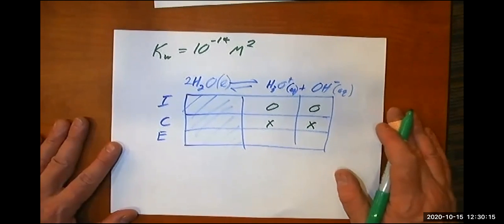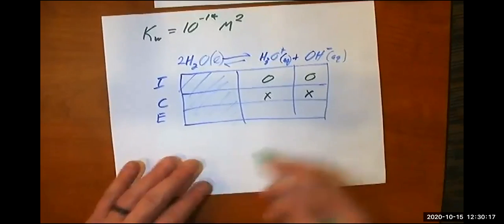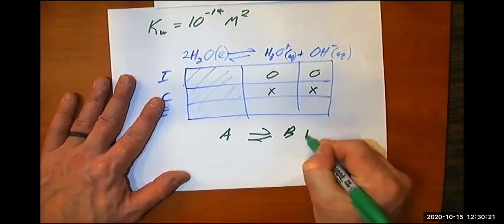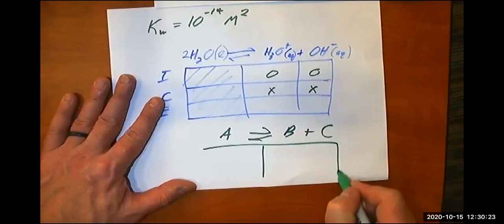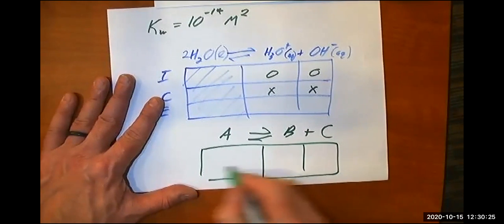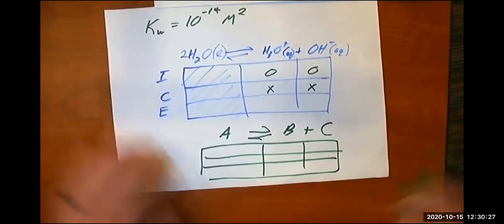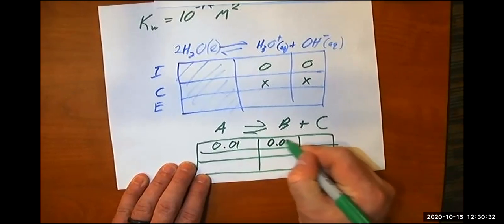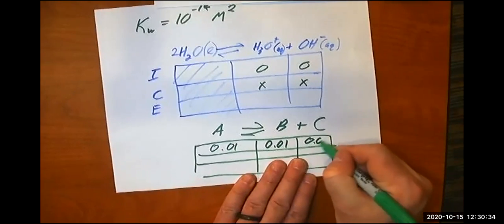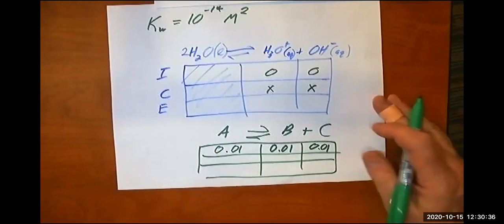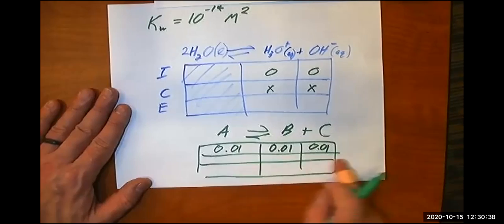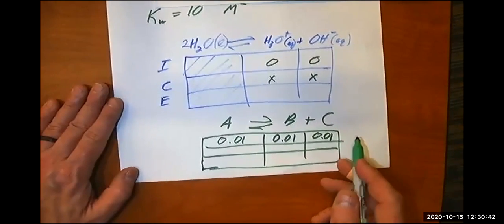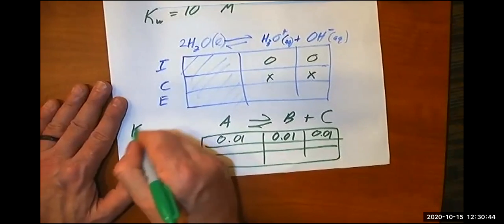The second thing would be, let's suppose we have some other situation, A in equilibrium with B plus C, and let's suppose all of them matter in this case. And we have 0.01, 0.01, 0.01, just to have some numbers to play with. And you're told what the equilibrium constant is.